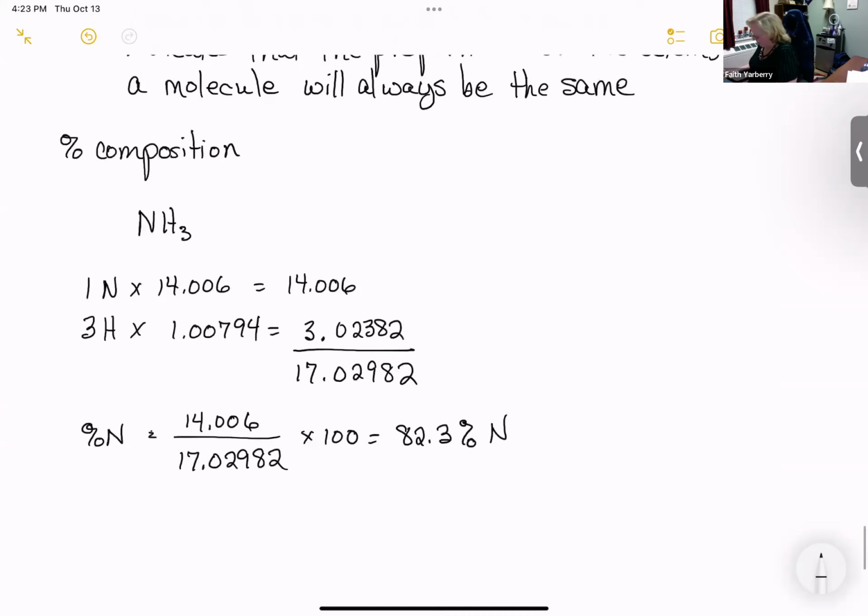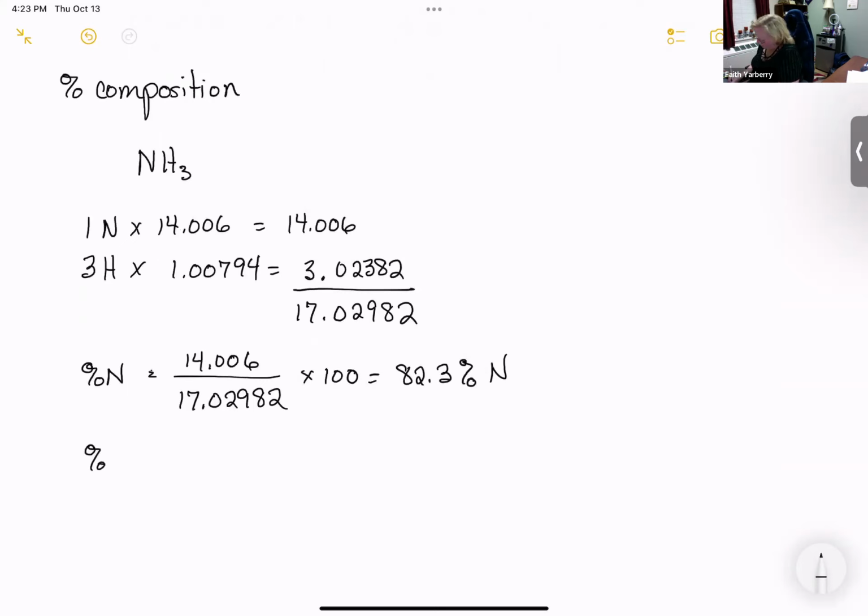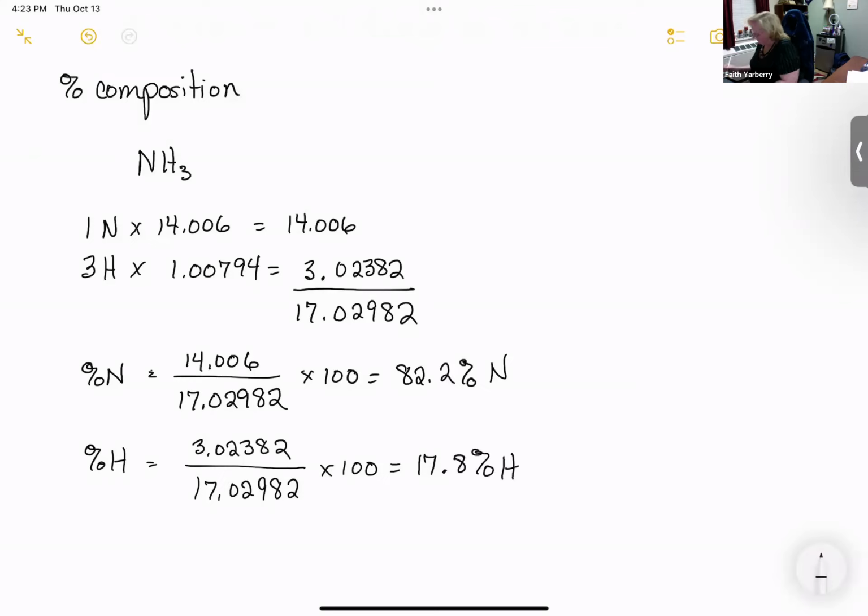We could do the same thing with our percent hydrogen. It would be equal to 3.02382 divided by 17.02982 times 100. That was supposed to be a 2, I'm sorry, I rounded wrong. It's 17.8% hydrogen.